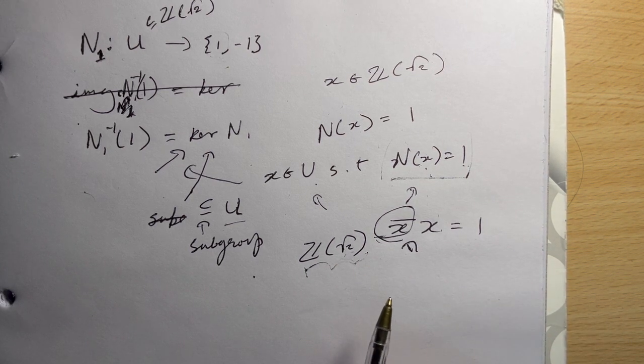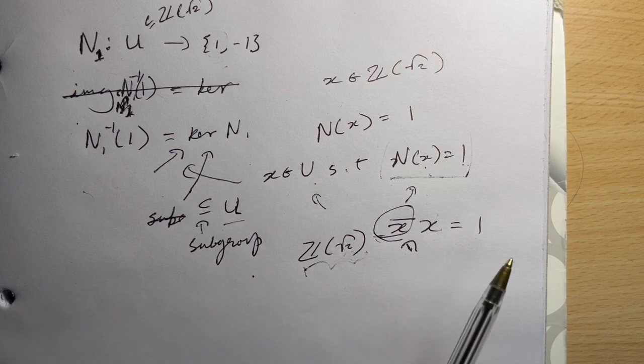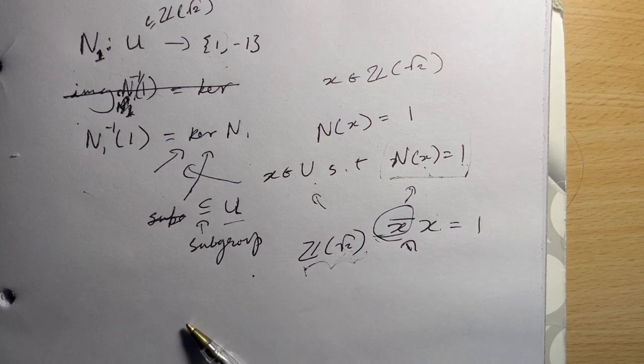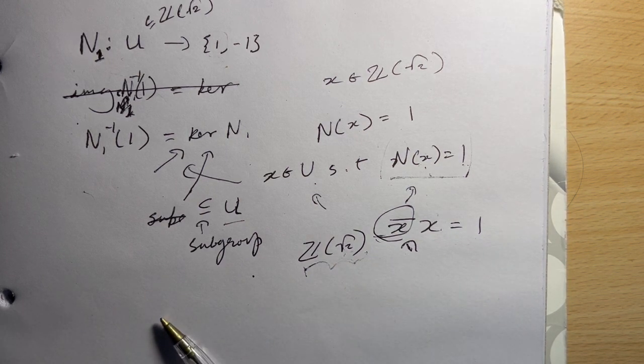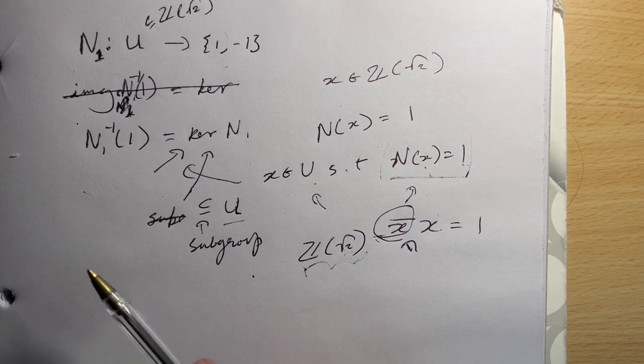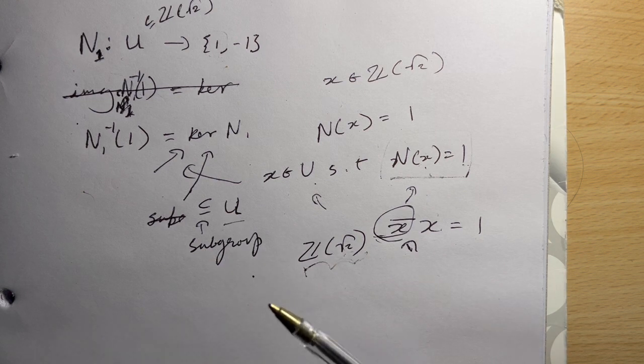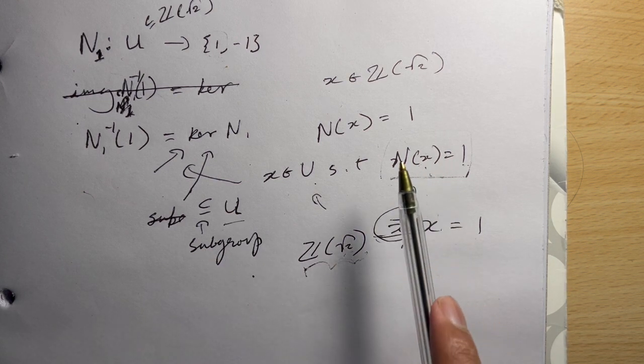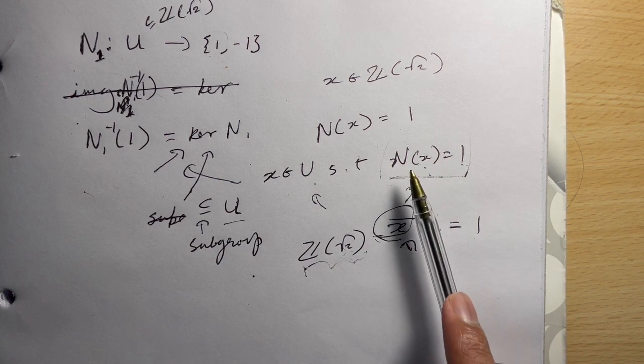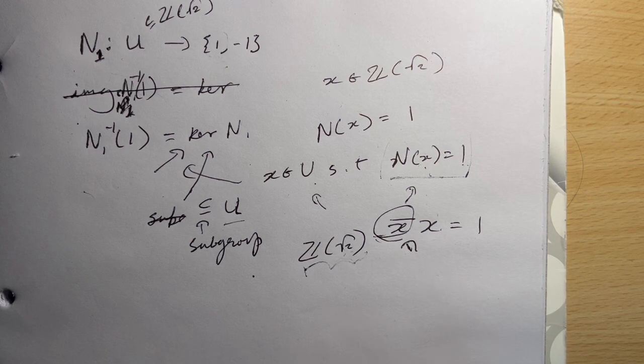So that's it for this video, and thanks for watching. I'm not sure exactly what the next video will be about, but I hope this made sense. The idea of course is that we've just classified the solutions of the Pell equations of root 2.